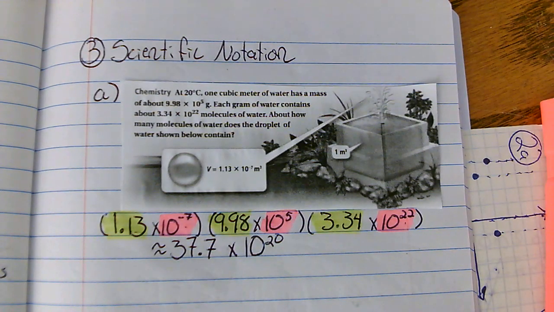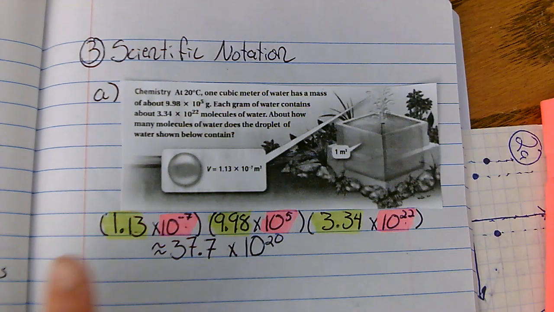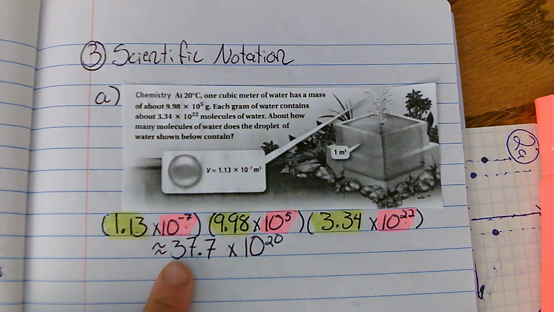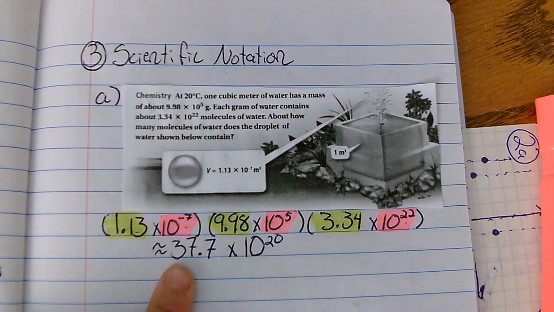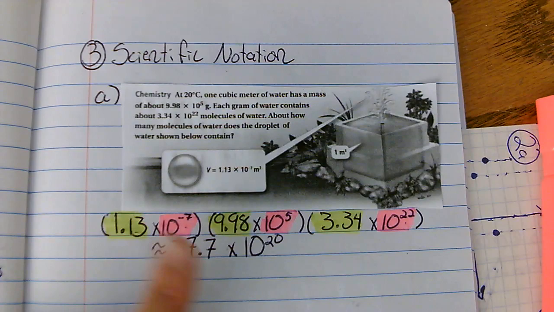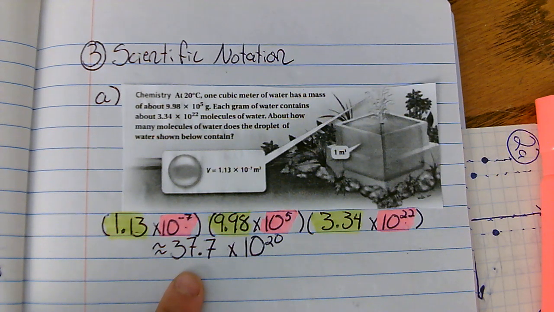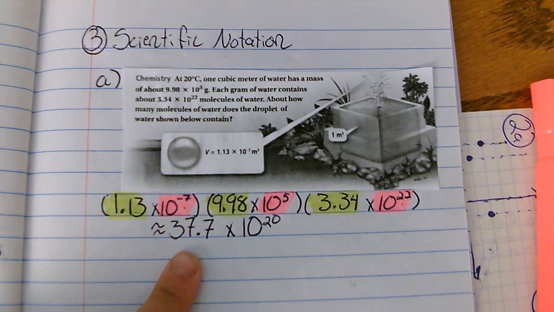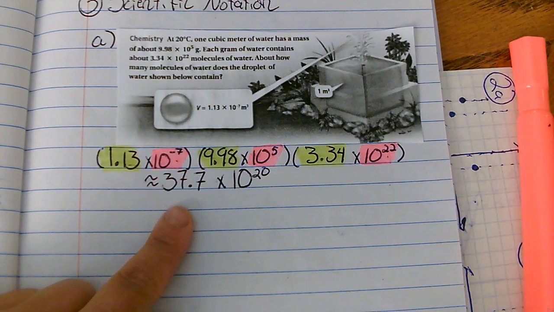But if you've watched the review video for scientific notation, you will notice something. My front number has to be greater than or equal to 1, but must be less than 10. So this number is not obeying the rules. So what I'm going to have to do is make it obey the rules.